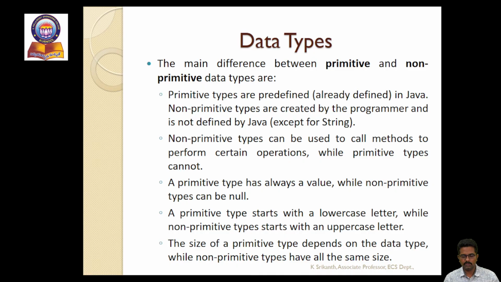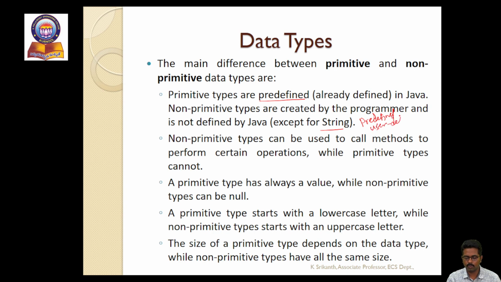So let us know the differences between primitive and non-primitive data types. Almost all the primitive data types are predefined. When it comes to non-primitive data types, they can be both predefined as well as user defined. And we have seen a predefined class called string.